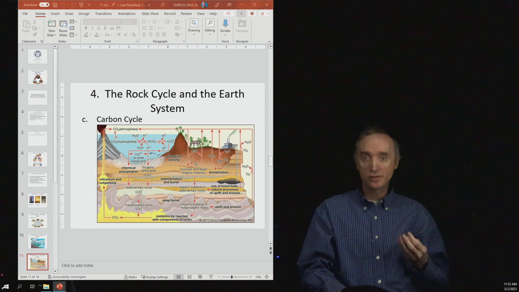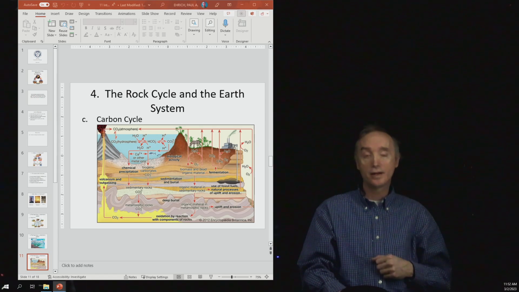It all depends on how much carbon dioxide is in the air. If there's too much carbon dioxide in the air, it's going to act like a greenhouse gas, and the climate is going to warm up. If, on the other hand, there's not enough carbon dioxide in the atmosphere, then the planet can actually cool down. We'll talk more about that in a future lesson.